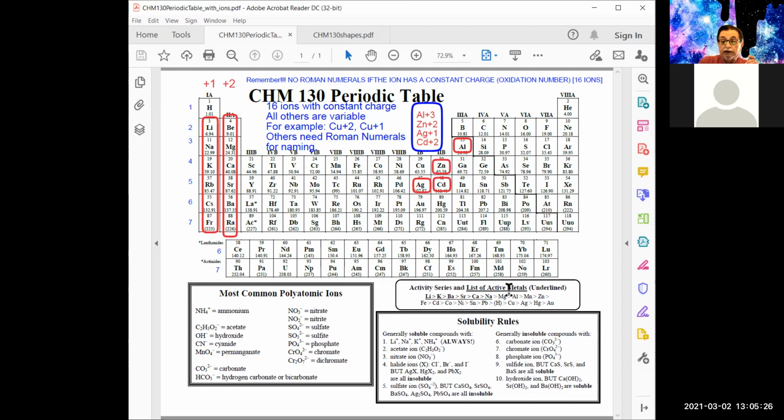Therefore, when they become ionic, become a cation, they all have a +1 charge. Everybody in group 2 has 2 valence electrons. Therefore, being metals, they will lose 2 valence electrons, fulfilling the octet, because that's the driving force here, to get to 8 electrons around it. Every ion there will have a +2 charge.